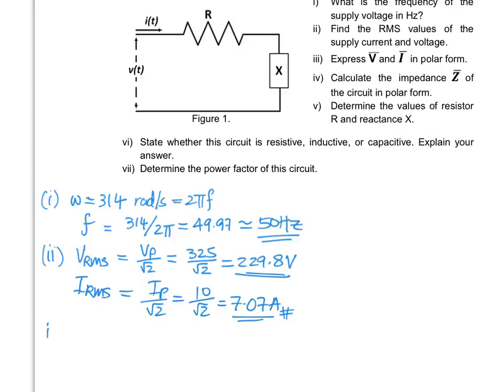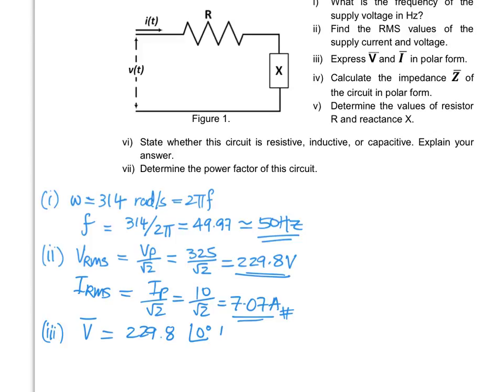And finally, we have part 3. We want to express this in complex format. So complex format is V RMS 229.8 volt, angle 0 degrees. I should be doing this way. The V should be here, right?